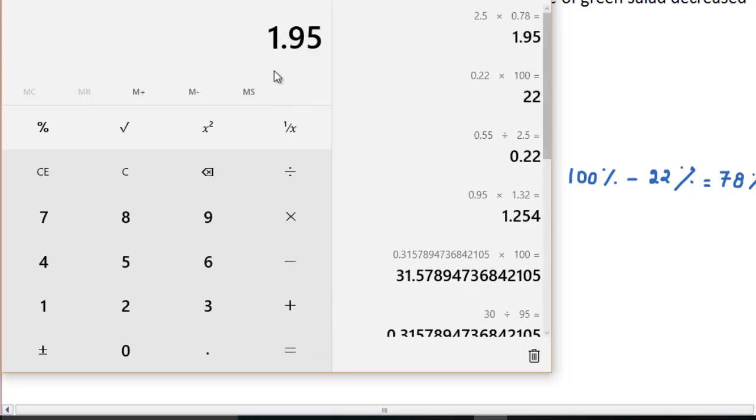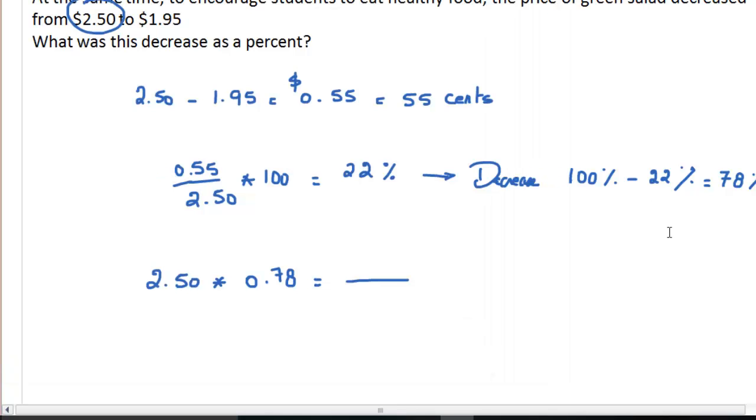I will get $1.95. That means all my work is correct. My final answer here is $1.95, and this is correct if I compare it with $1.95. That means I made a good choice by saying the decrease percent is 22%.